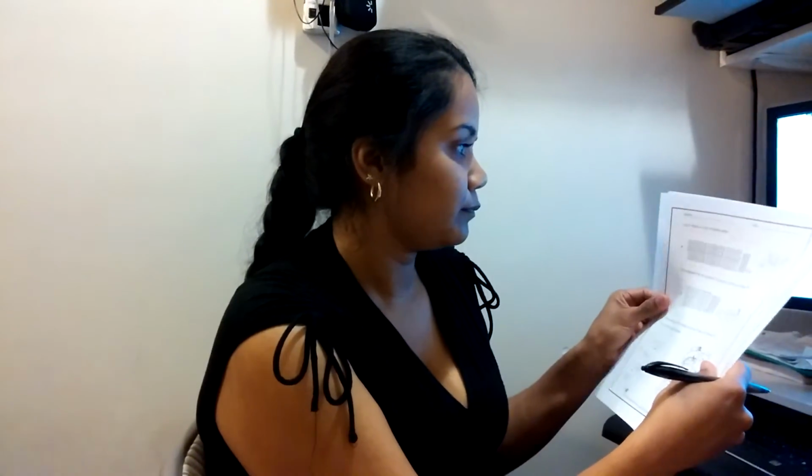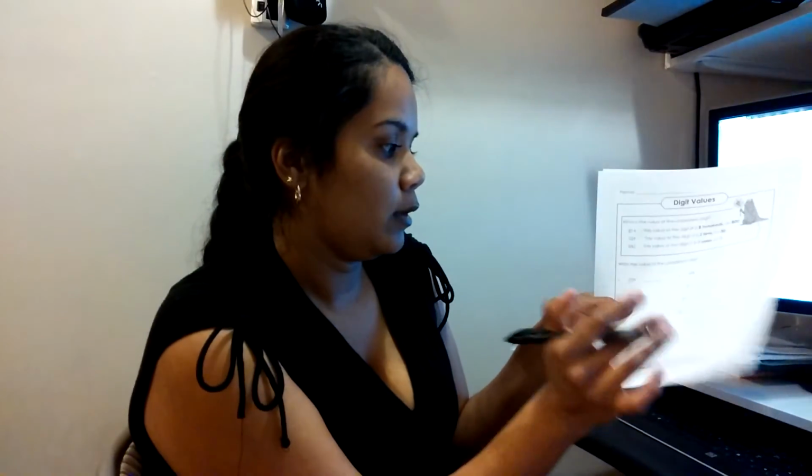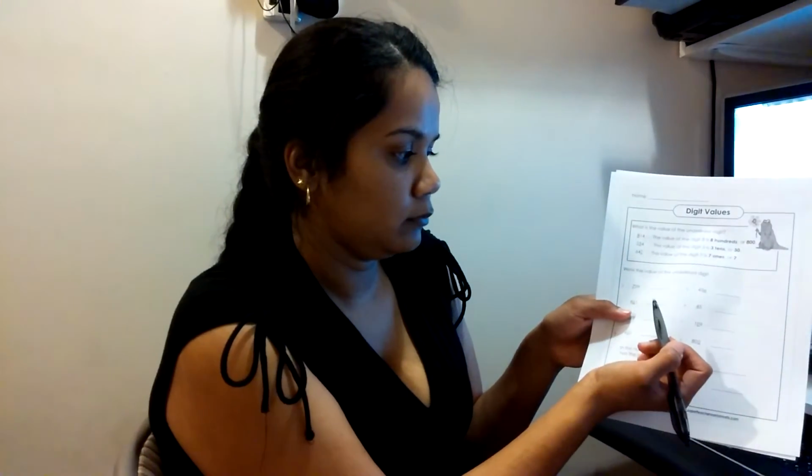Okay, so this next worksheet is similar to what we just did. They give you a 3-digit number, and then you have to write the value of the underlined digit. So for this one, you can either write O for ones, T for tens, and H for hundreds. You don't have to write out the full word. Okay. So this one, it's 7. H. Good.